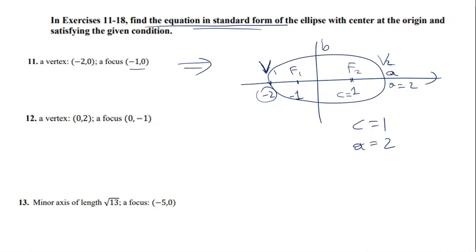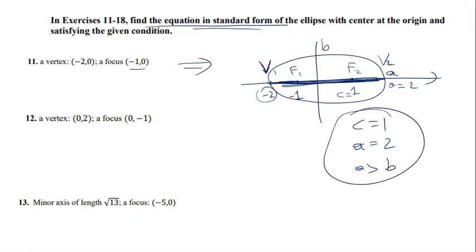Since the focus is on the x-axis, this is the long part, the major axis, so A is bigger than B. Now we can set up the relation between A, B, and C. C squared is equal to A squared minus B squared. So C squared is 1 squared, which is 1, and A is 2, so 2 squared minus B squared. And B squared turns out to be 3.